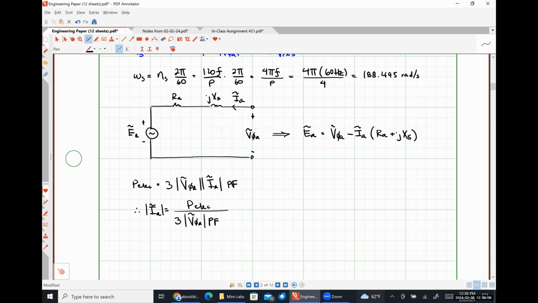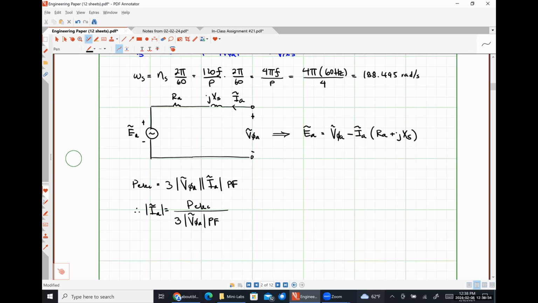We'll worry about the phase angle in a moment, but we've now run into a slightly different issue, in as much as we don't know what our electric power is. However, we were told that the device is operating at rated output mechanical power, and we were also told what our efficiency is. And from those two pieces of information, we should be able to figure out what the electric power is, right?